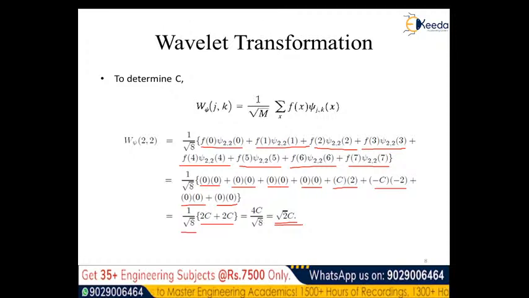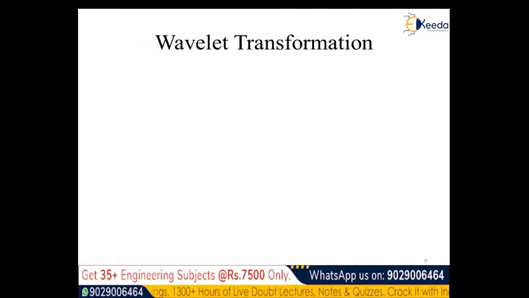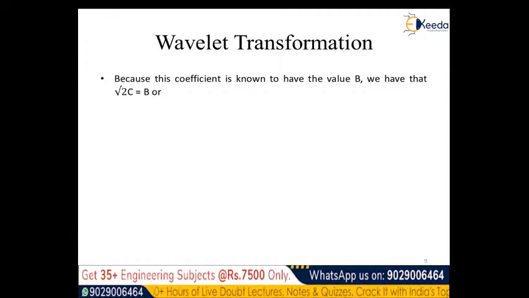Because this particular coefficient is known to have the value represented in the problem statement by capital B, we have the relation under root 2 times c is equal to capital B. In another way, we can denote c on the left hand side. In terms of capital B we write c is equal to under root 2 divided by 2 times capital B. So therefore we can judge the input sequence.